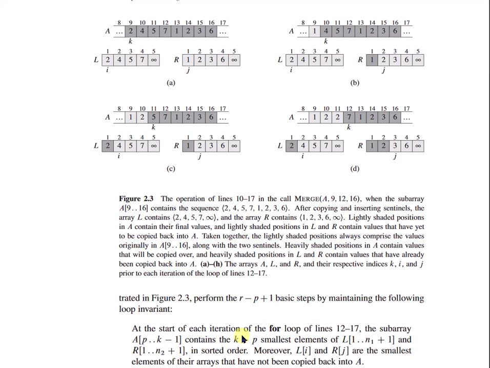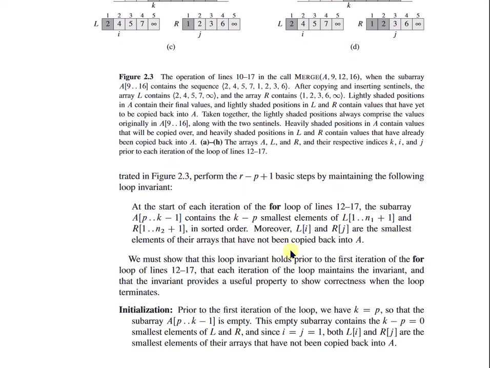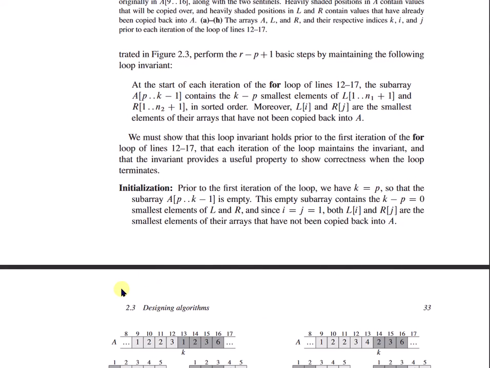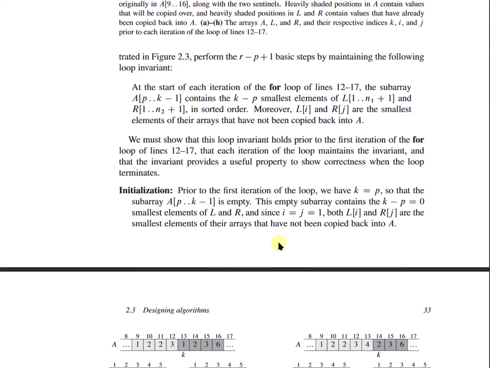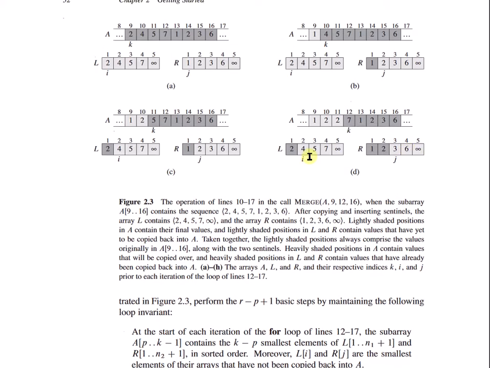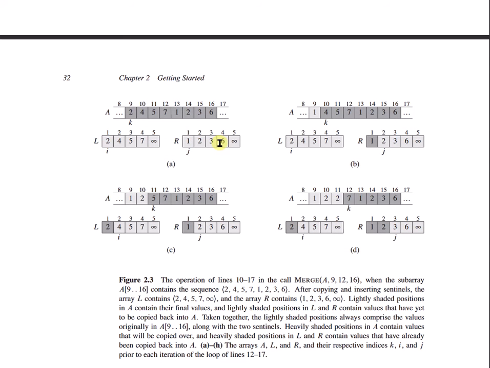Moreover, L of i and R of j are the smallest elements of their arrays that have not been copied back into A. What they are trying to tell us is that at the start of each iteration, the elements in this subarray are already sorted and are the smallest elements from both L and R. This is a loop invariant, which is a must, because if they are not the smallest elements from both L and R, then my doubt becomes valid.